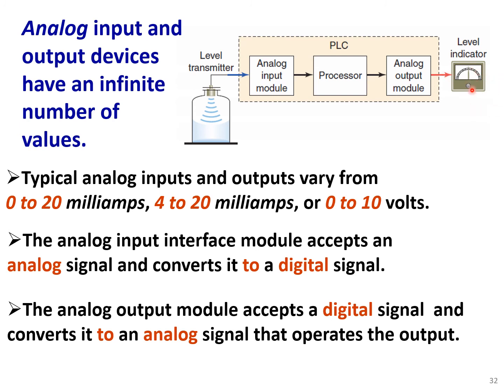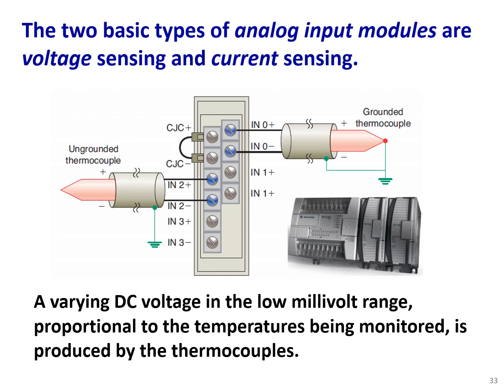So here, for example, we have a level indicator. A level indicator is an analog device, and then the conversion should be done from the PLC to the device. The two basic types of analog input modules are voltage sensing and current sensing.